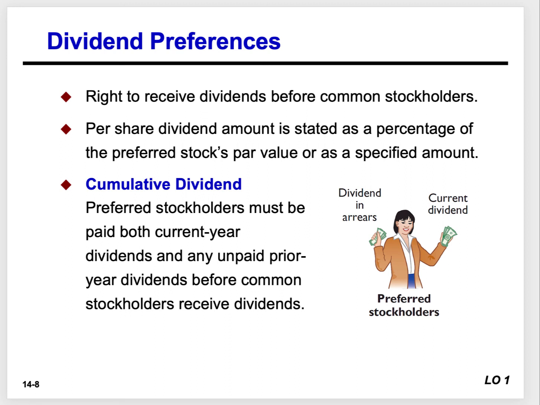So we have two types of dividends here. We have the current dividend and we have what we call dividend in arrears. Dividends in arrears are the cumulative preferred dividends that were not declared in a given period, okay?